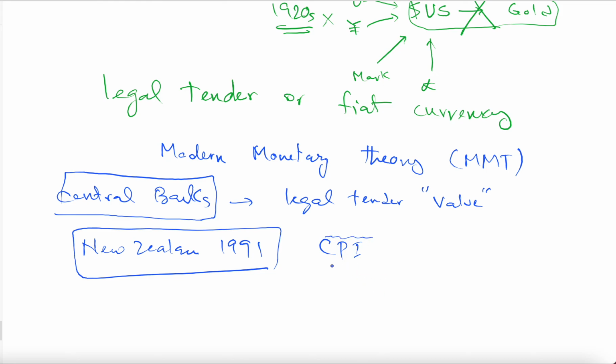And how do they do it? When there is an oversupply of money, they reduce it from the market, and if it is less, they are pumping in new money, printing new money.